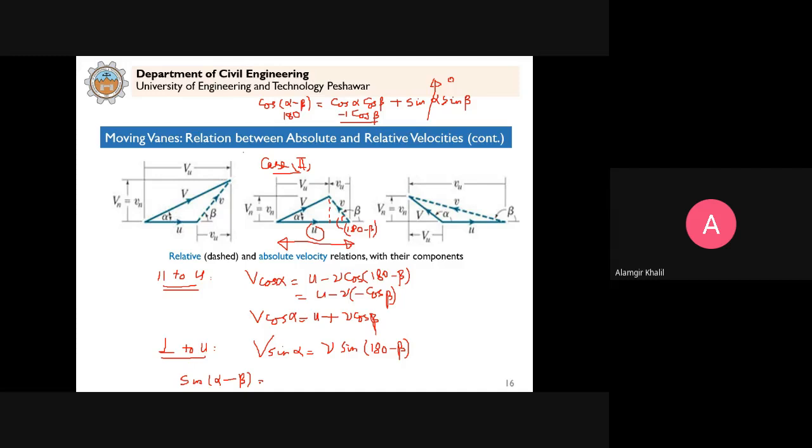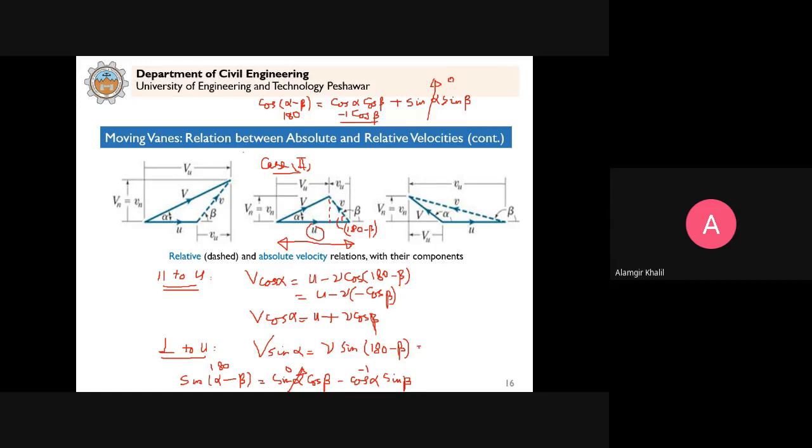This is equal to sine alpha into cos of beta, minus cos of alpha into sine of beta. Now that alpha is 180 degrees, the sine of alpha term is 0, and cos of 180 is minus 1. So we have minus 1 into sine of beta.